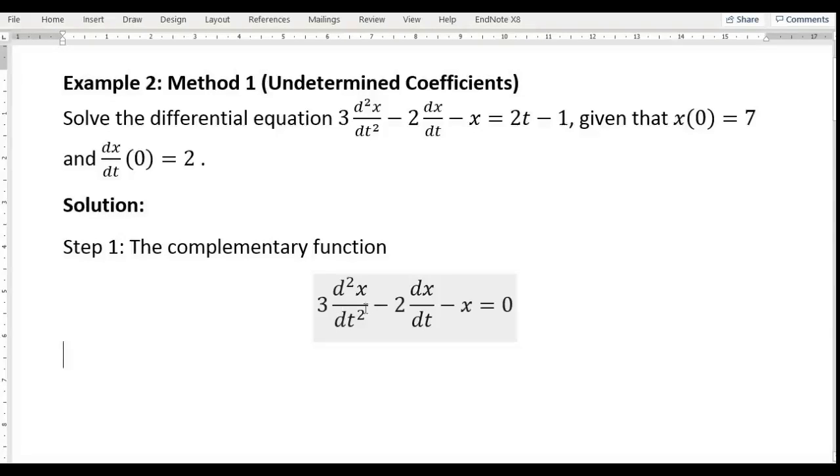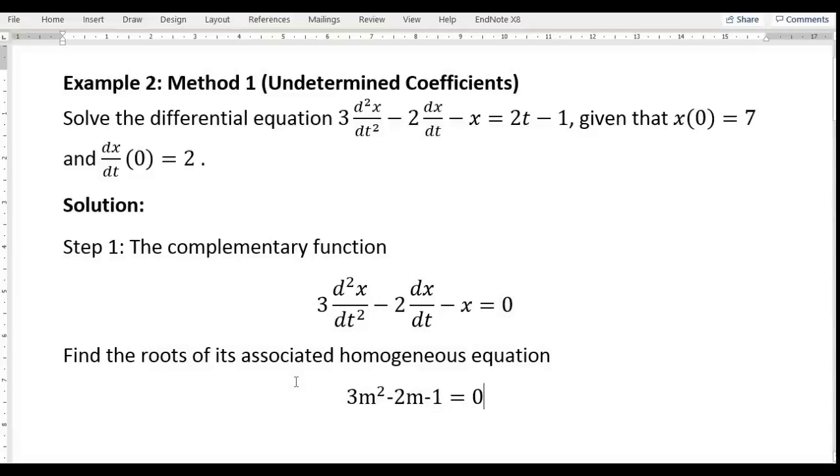So we're going to replace the x double prime with m squared and x prime with m. So in this case, we need to find the roots of the homogeneous equation 3m squared minus 2m minus 1 is equivalent to 0.